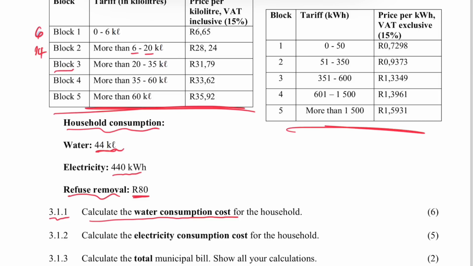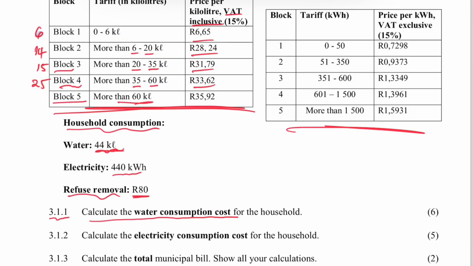And then block 3 is 20 to 35. That means it's 15. And then block 4 is 35 to 60. The 35 to 60 is 25 kiloliters that fit there at that price. Remember, the prices here include VAT. And then anything in block 5 is more than 60.